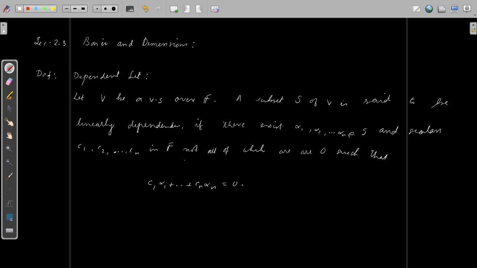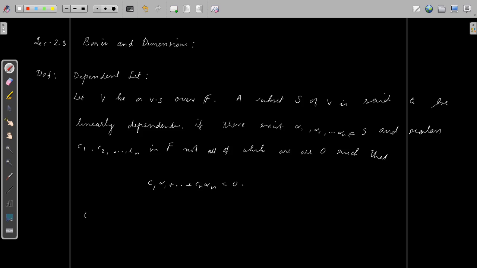that you can choose a certain number of elements from S and scalars from F such that the linear combination is 0 with the property that the Ci's are not all 0, then we can say that this set S is linearly dependent. If a set is not linearly dependent, then it is called a linearly independent set.